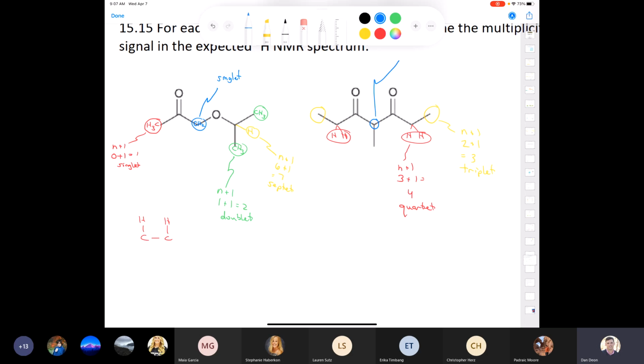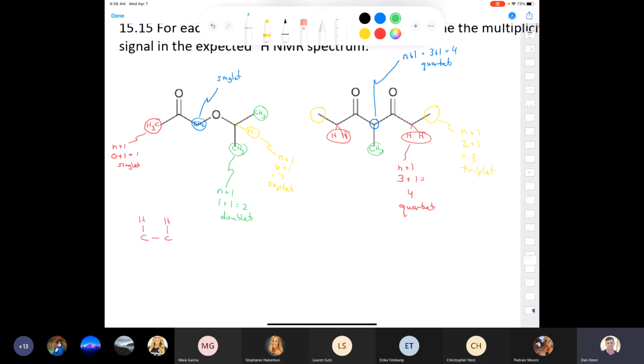Can anybody tell me what the multiplicity of that methine would be? Exactly, it's going to be 4 because it's only split by the 3 protons that I have written in green. So I have n plus 1, and it's going to be 3 plus 1, which gives me 4. That means I have a quartet for this guy.